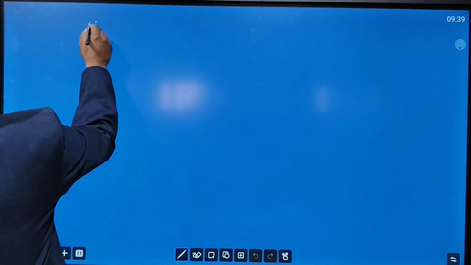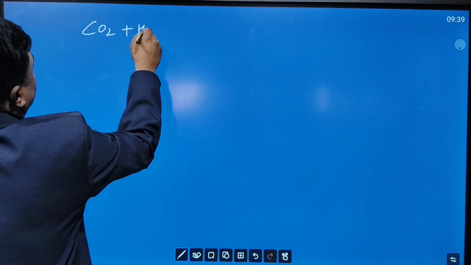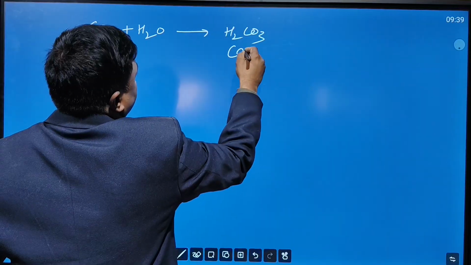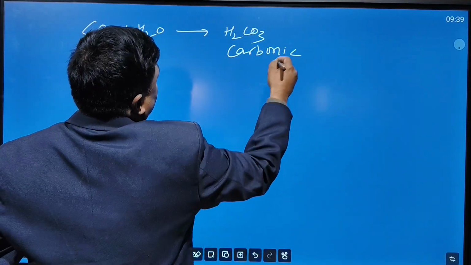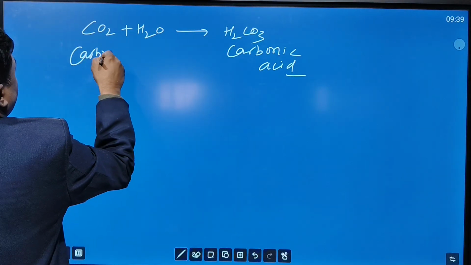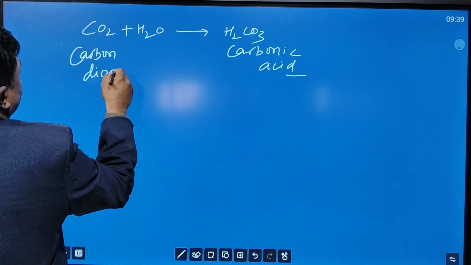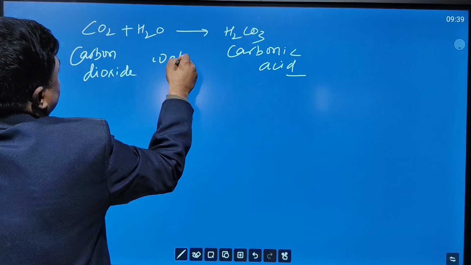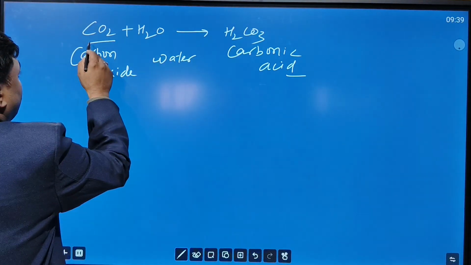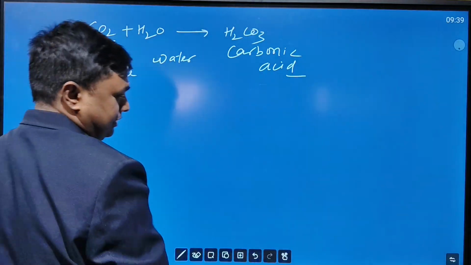Because CO2 reacts with water, H2O, to give H2CO3, which is carbonic acid. Carbon dioxide reacts with water to give carbonic acid. That's why non-metallic oxides are generally acidic in nature.